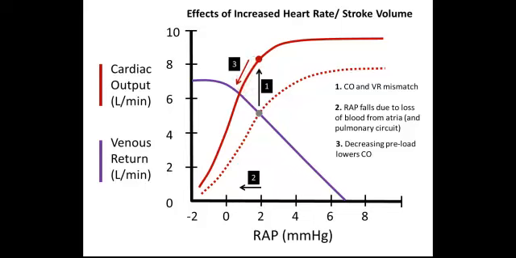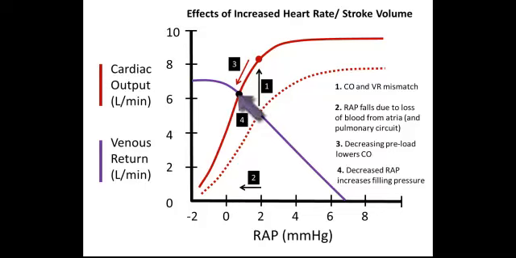At the same time, because the right atrial pressure is decreasing, the filling pressure of the heart is increasing, because again, the filling pressure is the difference between the central venous pressure and the right atrial pressure. As the right atrial pressure falls, the filling pressure increases, resulting in an increase in the venous return.